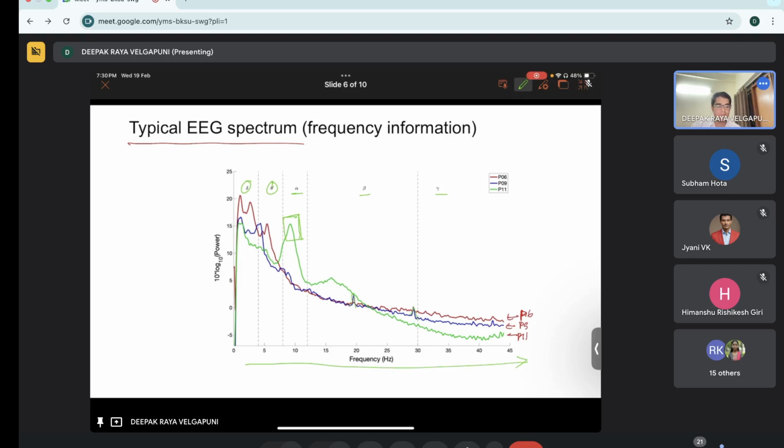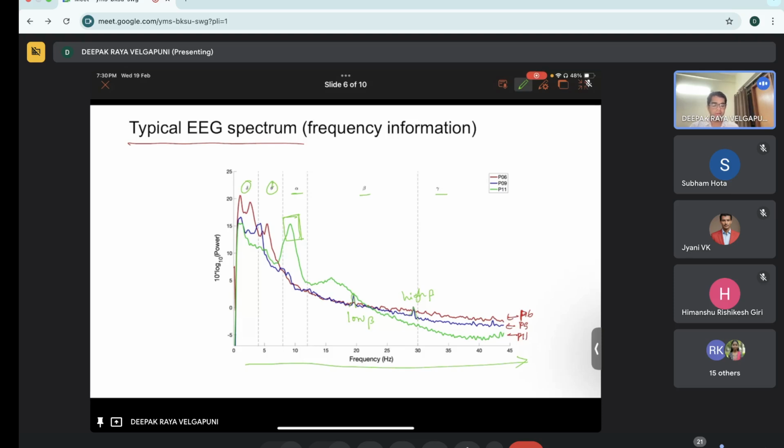Low beta and high beta. So these are informative of some feedback processes from prefrontal to visual cortex. But one thing you notice here is a common pattern across any EEG signal or any biological signal. When you take their spectrum, you see a decay like this.